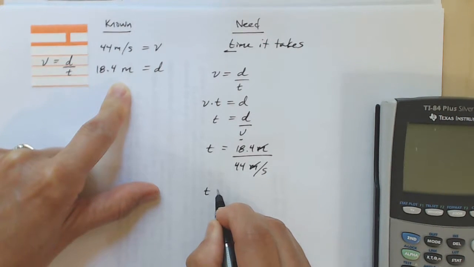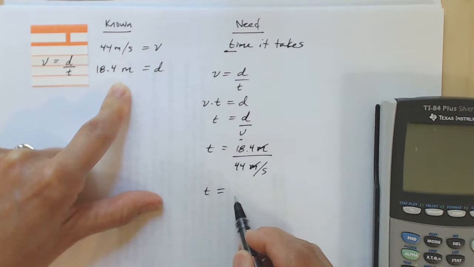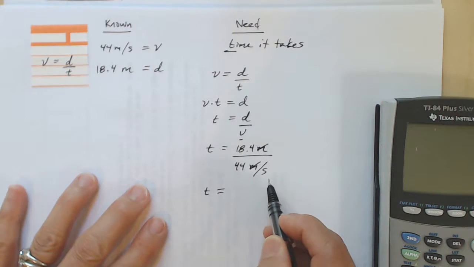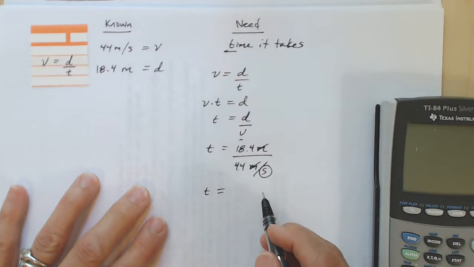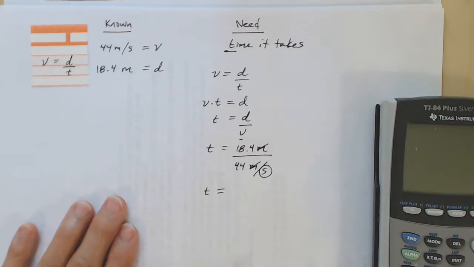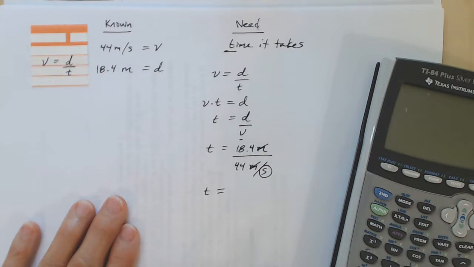So we're going to end up with the seconds, which is what we need. So when we say follow the units, it means the units that we get in our answer should be consistent with the problem throughout.